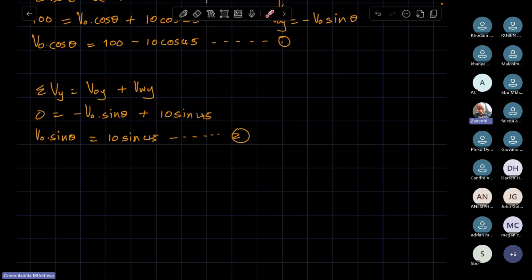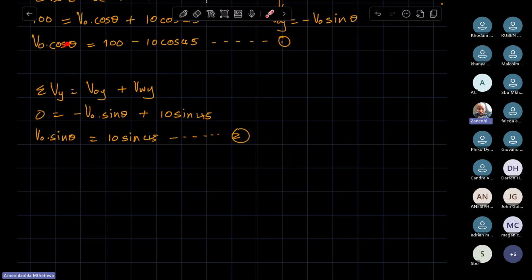Now, I'll explain a much simpler way of doing this. Once you get to the number of equations, it's simpler because you won't have to create a third equation. As things stand, we need to create a third equation that will then be substituted into one of these equations. If you look at both of our equations, they are in terms of trig ratios.